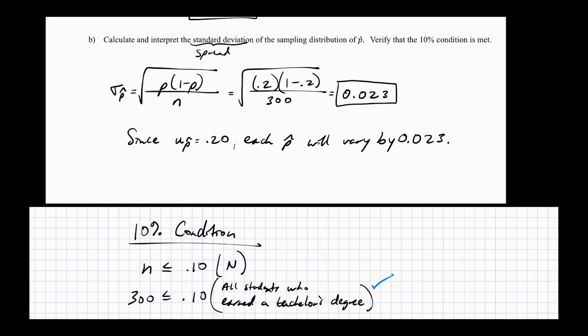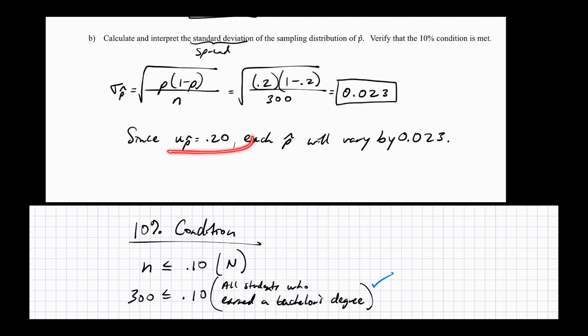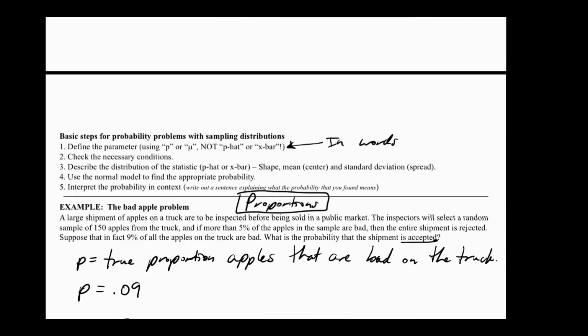Okay. So this one we said since the mean of all the p hats was 0.2, each p hat will vary by about that much percent. Okay, so we have to talk about this guy. Well, we have this guy. We just calculated that guy. So let's start it that way.